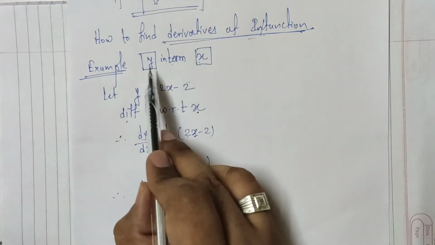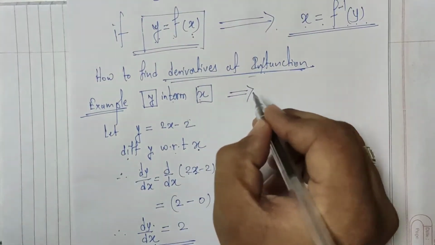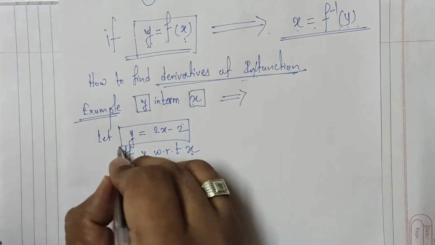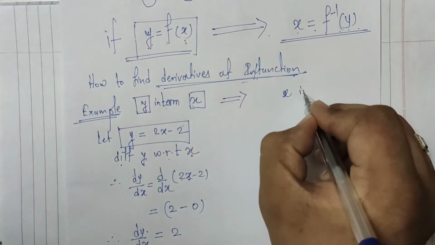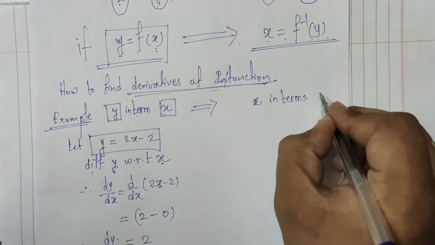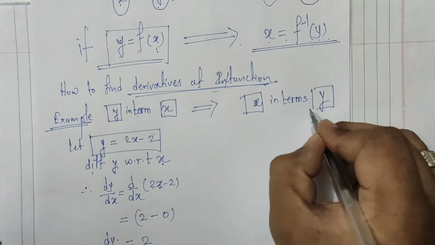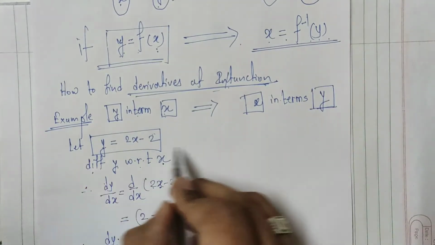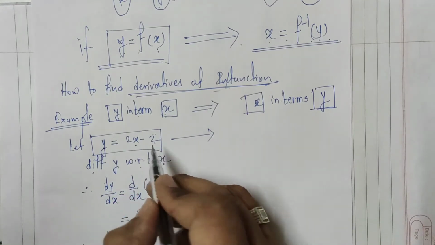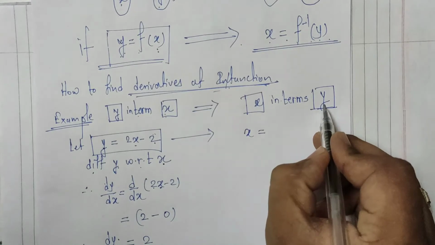Now how to find its inverse function? Here we have to convert the example into the form x in terms of y. Our example is y is equal to 2x minus 2, so you have to find the x value in terms of y.